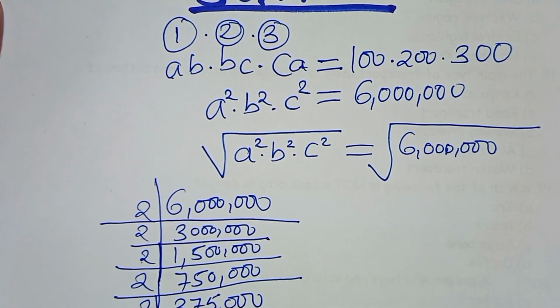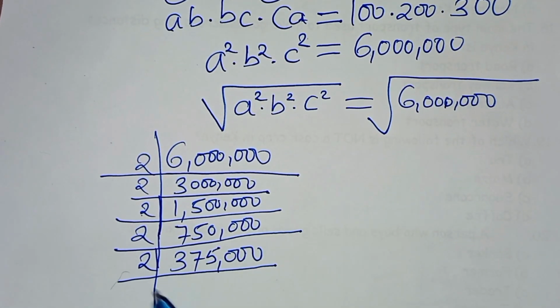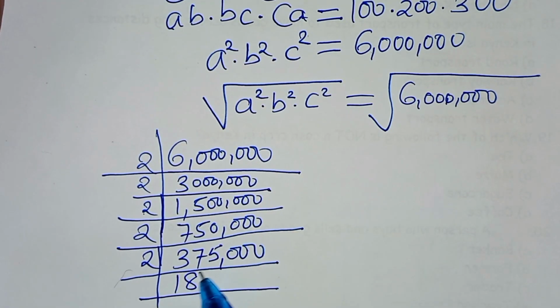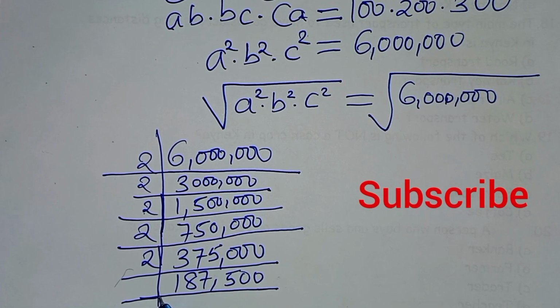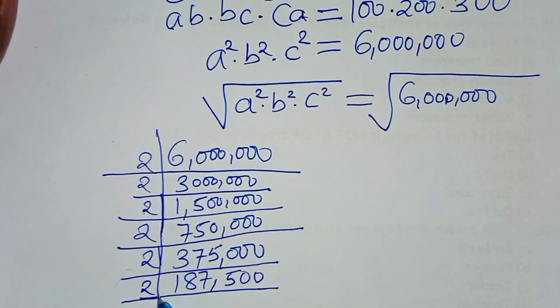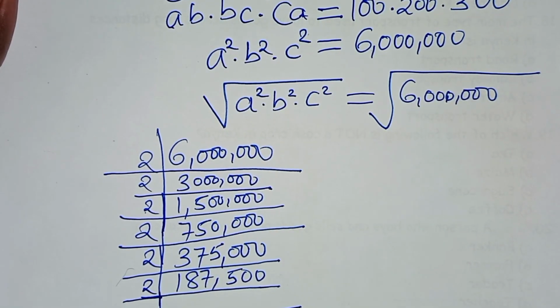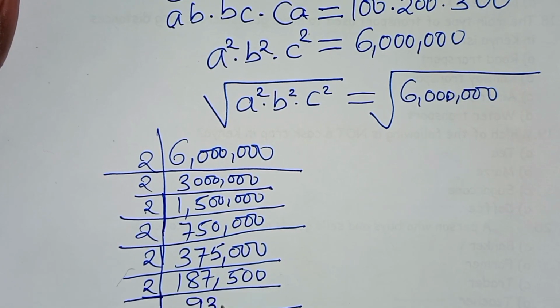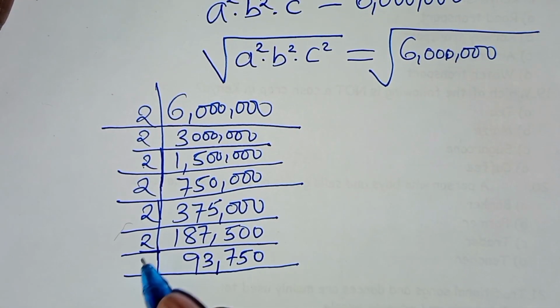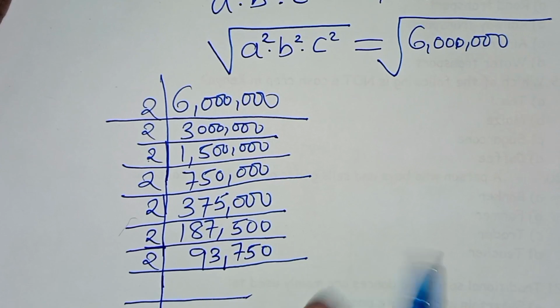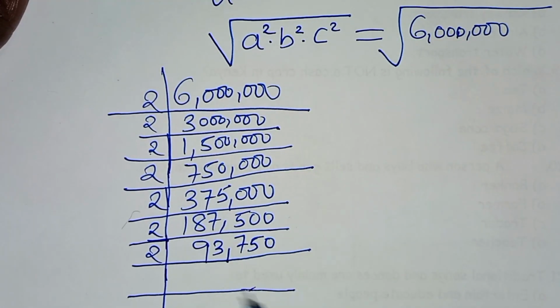Now 375,000 divided by 2 is 187,500. Now from here, 187,500 divided by 2 again is 93,750. Now let's divide again by 2.